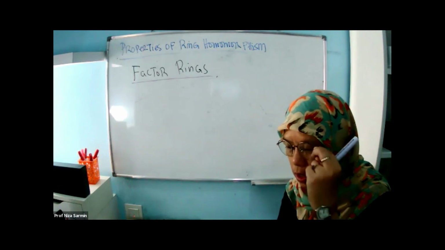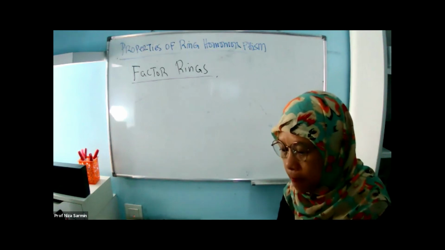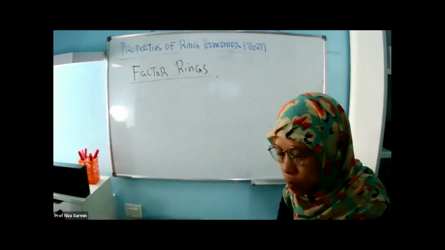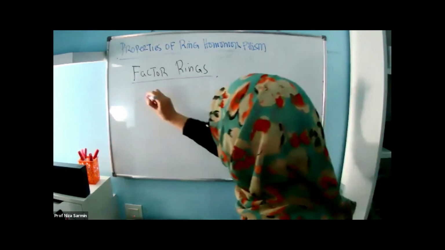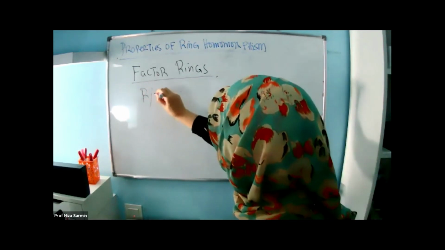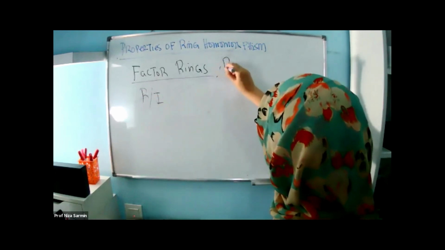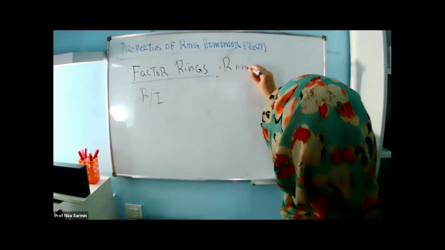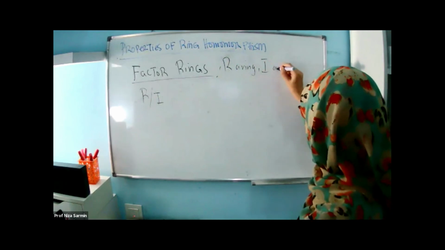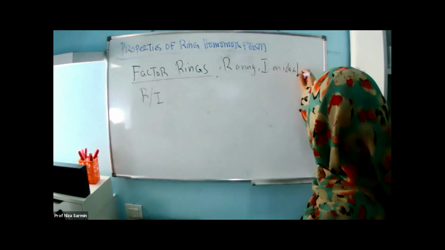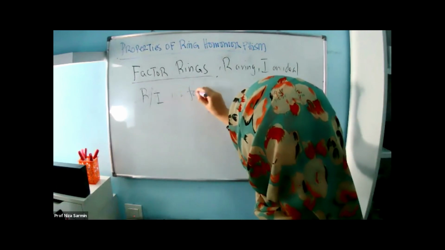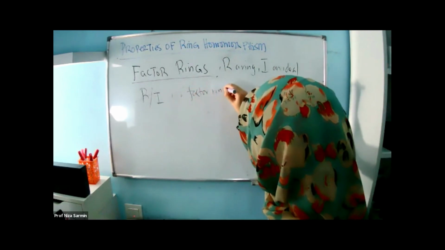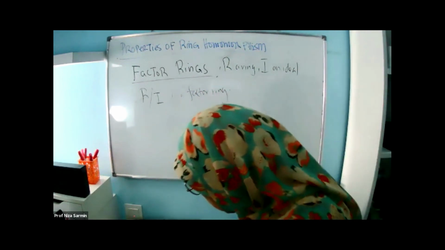All right, so I is an ideal. So we write R mod I, R a ring, I an ideal, R mod I is a factor ring or quotient ring, right?